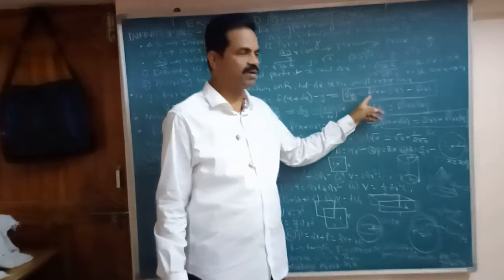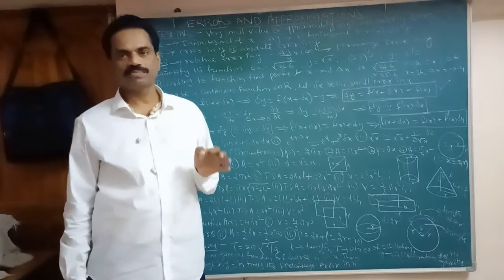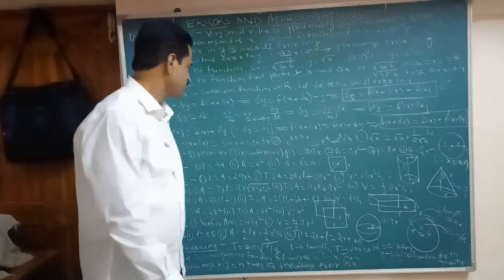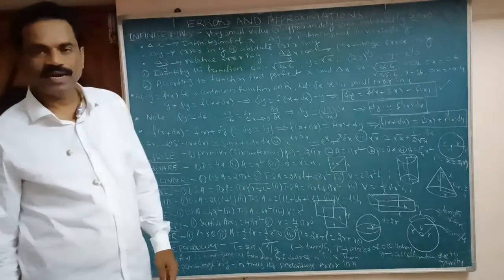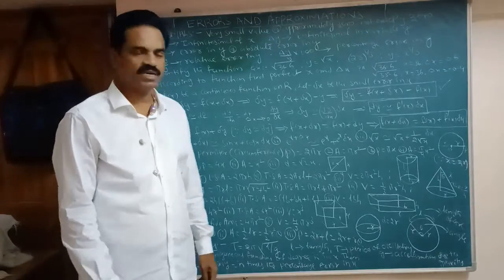So delta y equals f of x plus delta x minus f of x. This is the first formula, you have to remember this one. And delta y is approximately df.